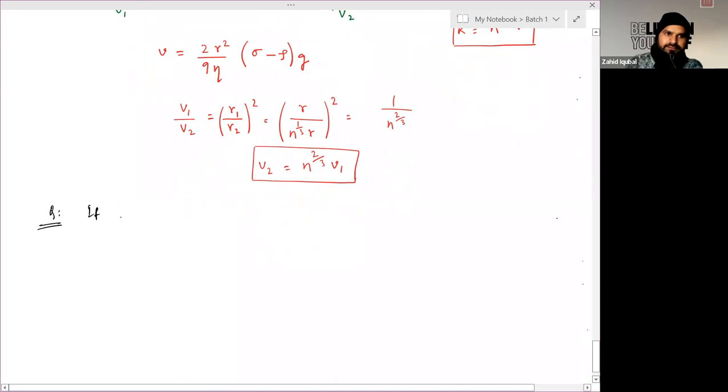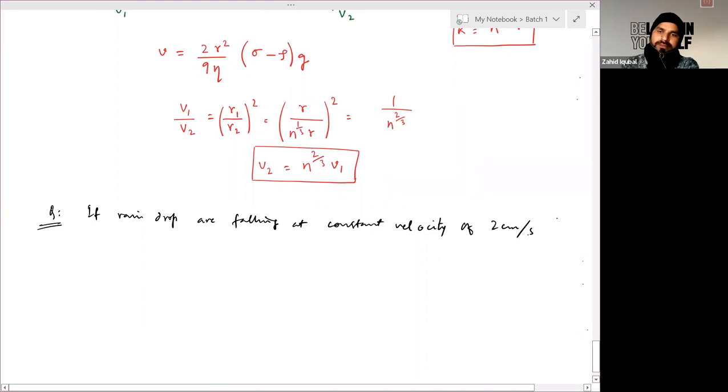If raindrops are falling at a constant velocity of 2 centimeter per second, now if 8 drops combine to form a single drop, find its terminal velocity.